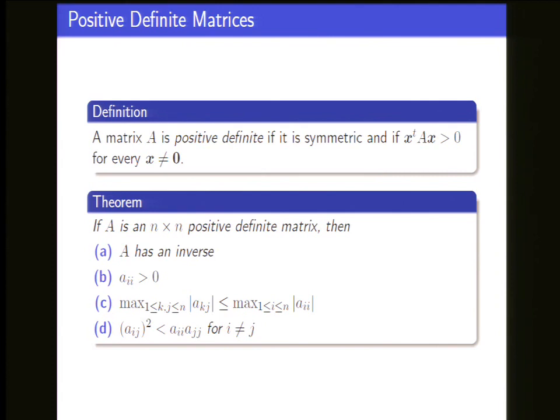So in other words, you pick this vector x, which is all 0 except at position i, where you put a 1.